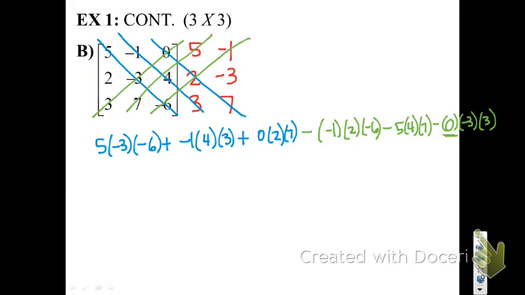In our first set of numbers we have 5 times negative 3 times negative 6 to give us 90. The second set we have 4 times 3 times negative 1, and the next one there's a 0, so it's a 0. Then we have minus, a negative 1 times 2 times negative 6 gives us positive 12.